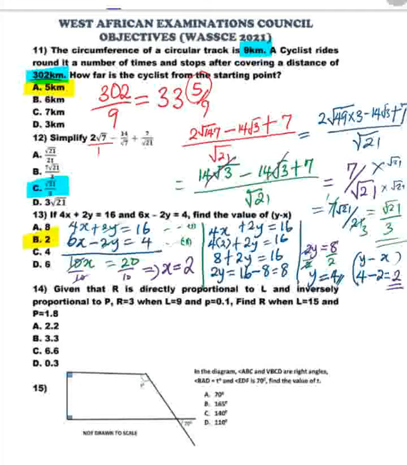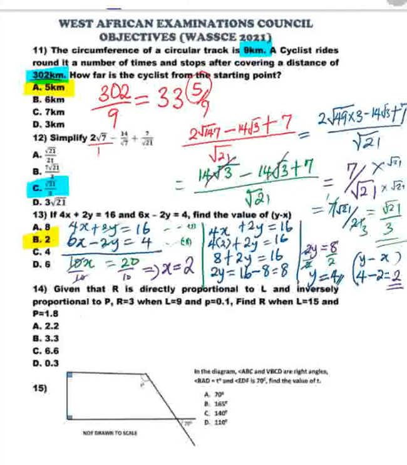Now, question number 14. Given that R is directly proportional to L and inversely proportional to P. Okay, let's quickly write this out.